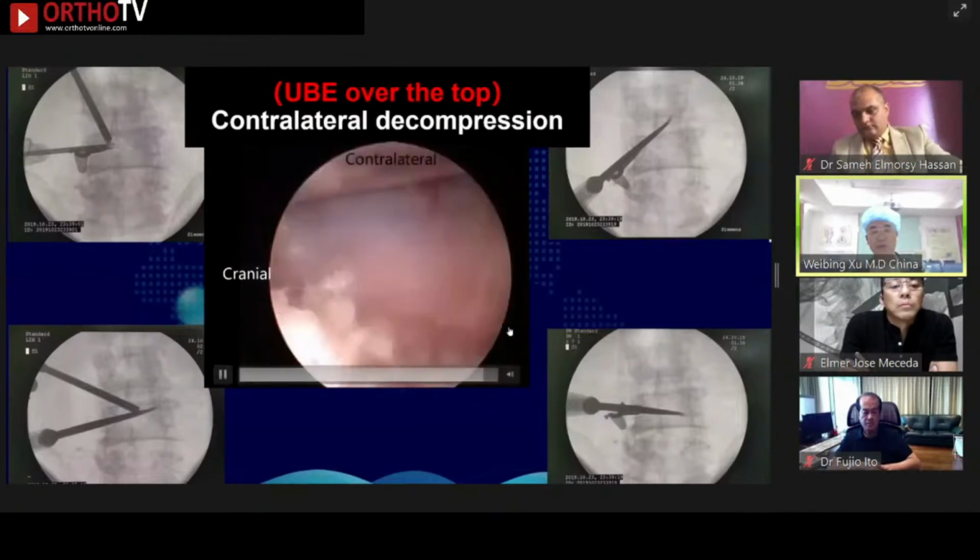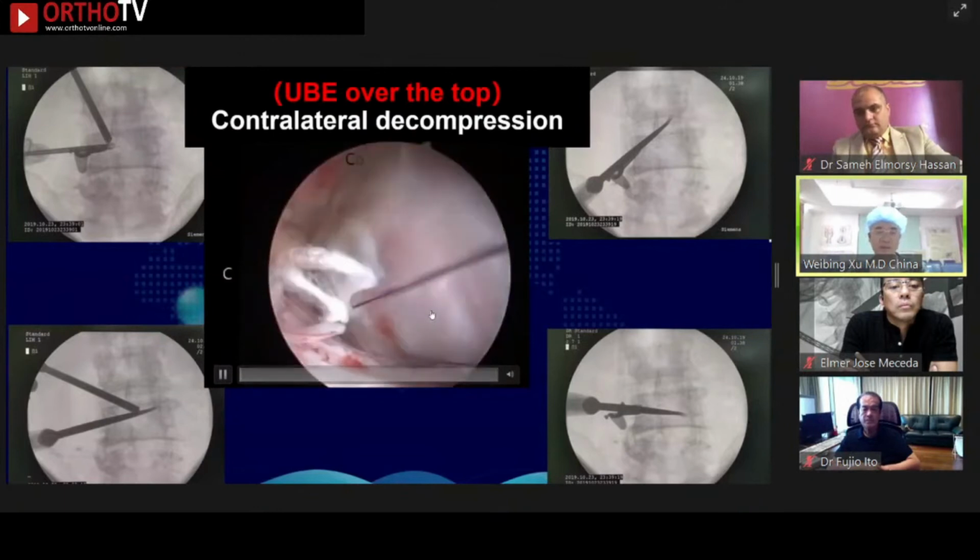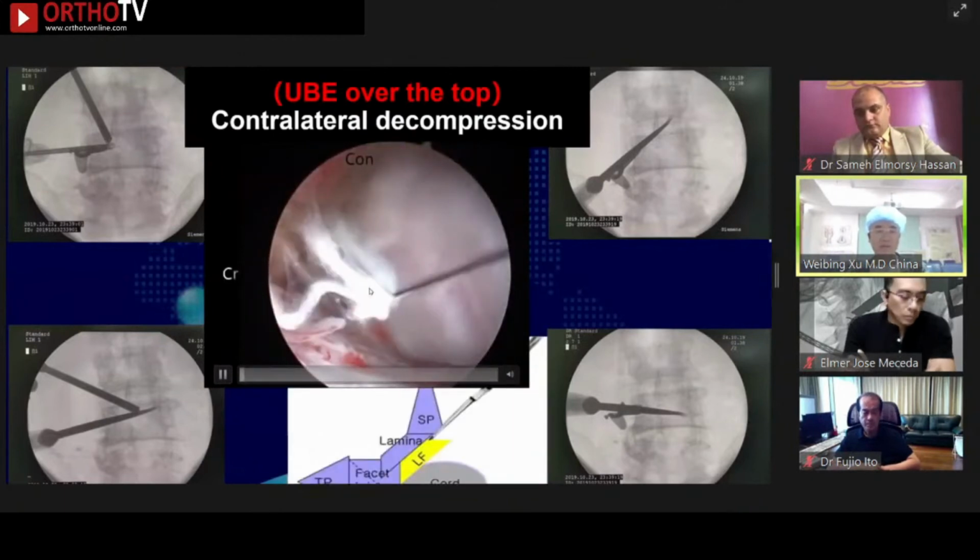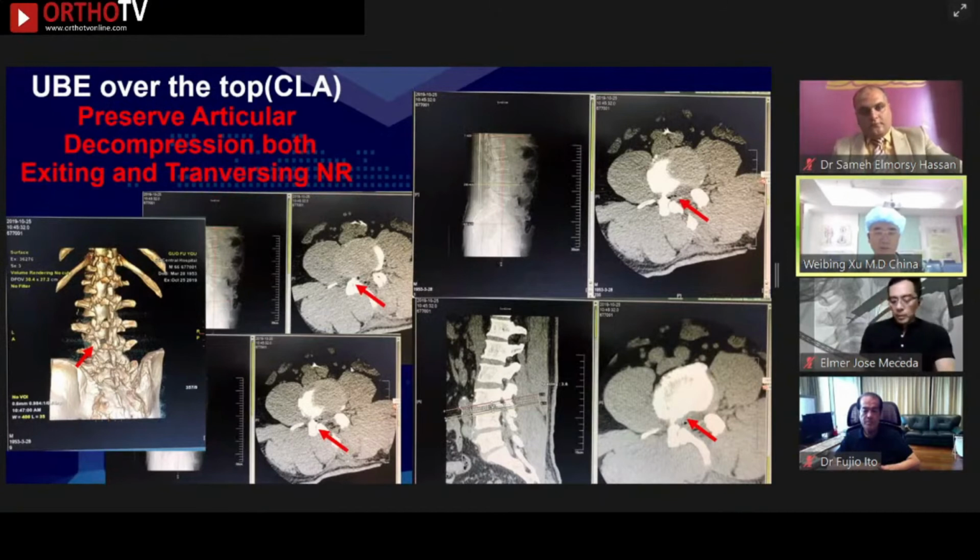Also the ipsilateral nerve root is decompressed. Post-operation, we did the over the top decompression, decompressed both exiting and traversing nerve roots, and preserved the articular process.